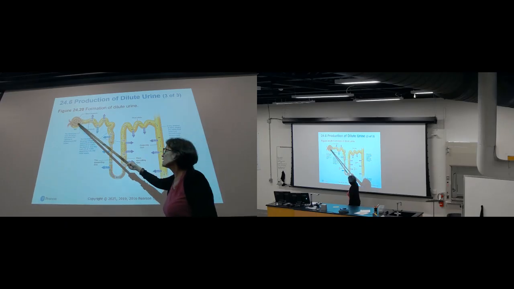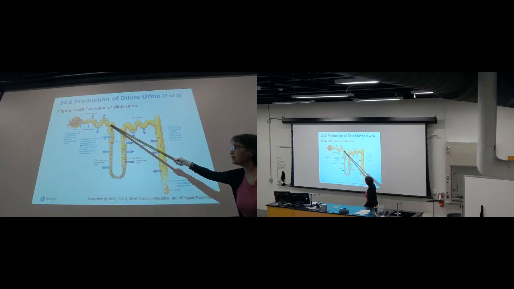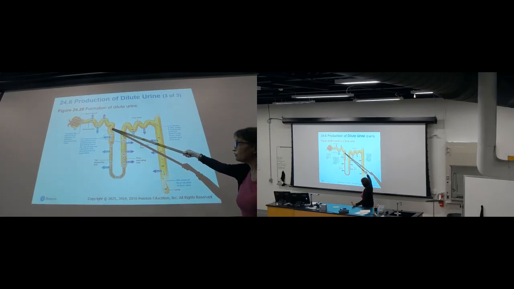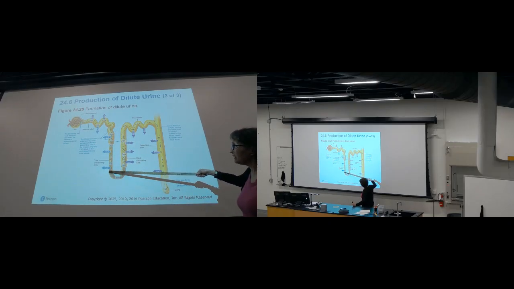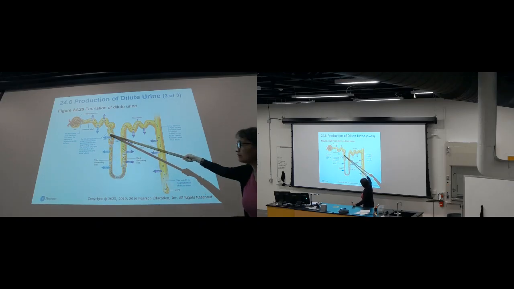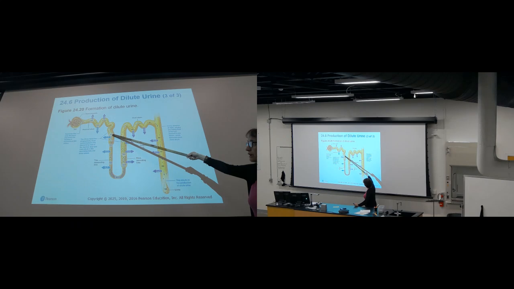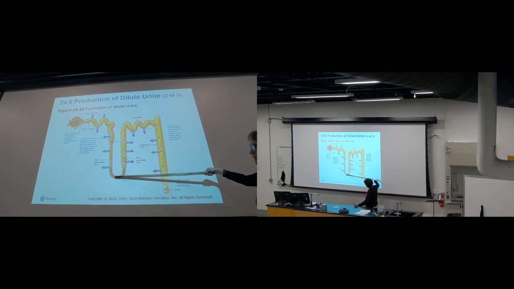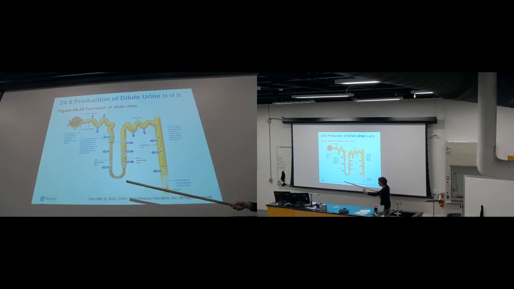So it's still the same as here. So it's isosmotic. And then as you go down the descending loop of Henle, you reabsorb water. So this tubular fluid becomes more concentrated: 300, 550, 750, 900, 1200 if the loop of Henle is longer.